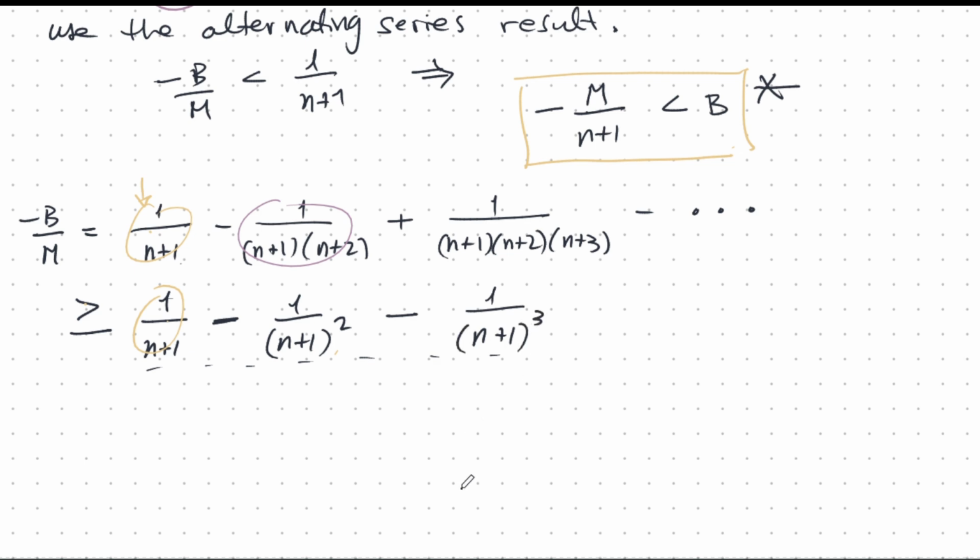I'll choose that. And so on and so on. So I keep going with this. Minus 1 over n plus 1 to the power 4 would take care of the next term, and on and on. So all of the terms here are negative, and the ones corresponding to this are bigger, so I'm subtracting a number that's bigger, making this series smaller, whereas the other one, I'm just changing the sign.